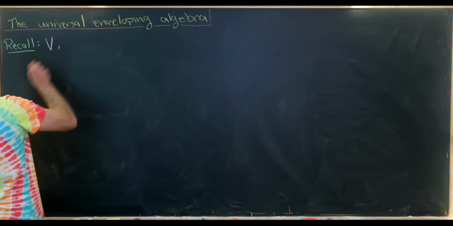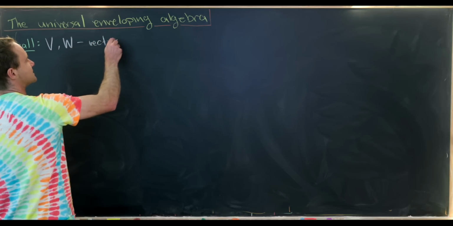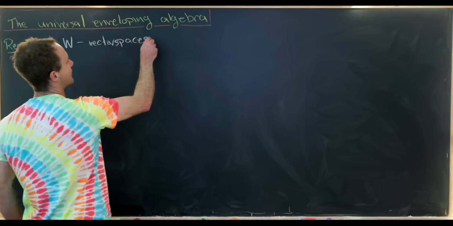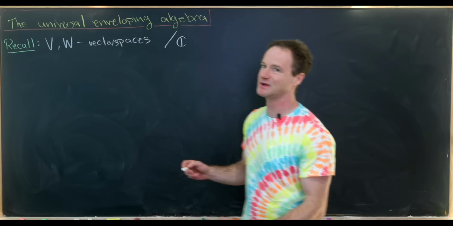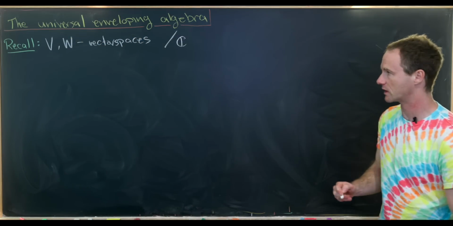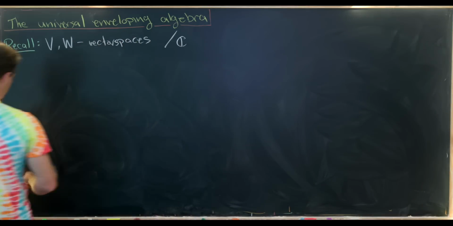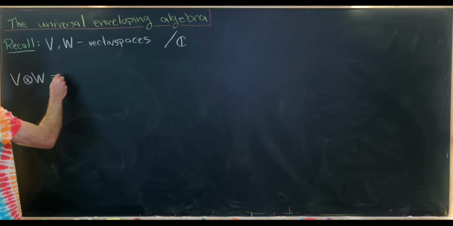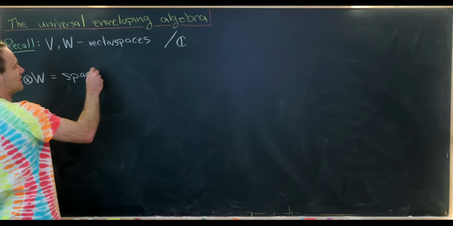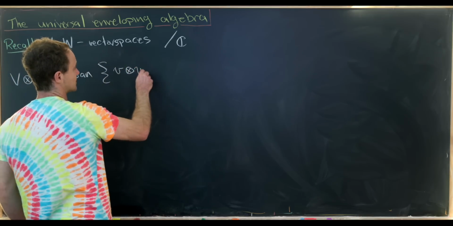So let's say we've got V and W, and these are both vector spaces over a common field. I'll take C to be my ground field again, just because we're generally going to be working over C in this video at least. And then let's recall that V tensor W was equal to the span of v tensor w.